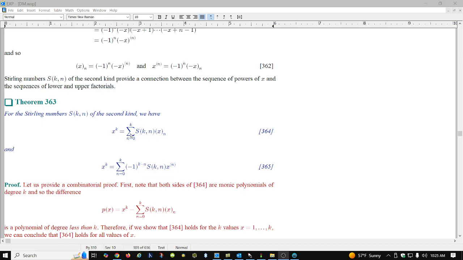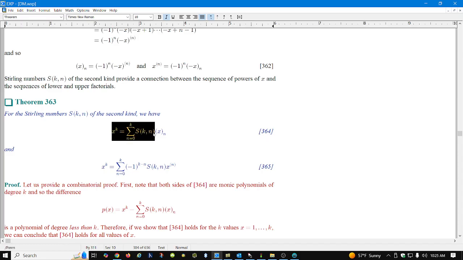So the Stirling numbers here are the coefficients that connect the powers of x to the lower factorials. It's two sequences of polynomials, the powers of x and x lower factorial. This is a common thing that people like to do in applied mathematics, connect two polynomial sequences. And we can reverse this, we can change this to upper factorials this way. This equation follows from this one, and I'll let you sort that out.